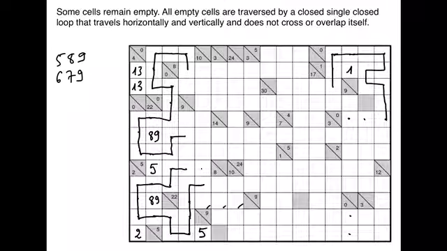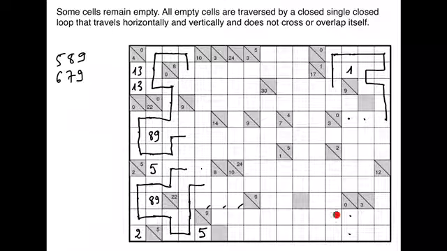And now, where are we supposed to look? This 3 is interesting because I think the loop has to do a U-turn here.